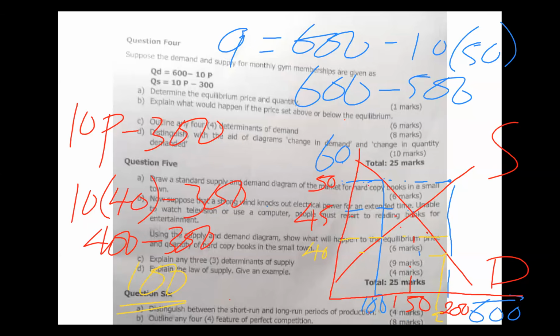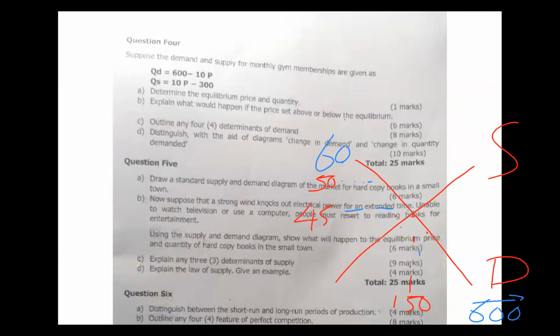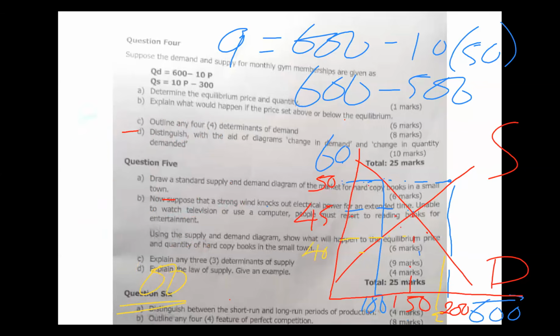There is a problem here. Let's talk about the demand now and see what happens. Look what happens. In the demand function, this is where you are going to substitute 10P. And your P is what? It's 40, right?